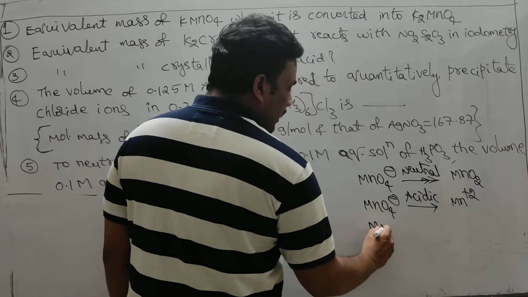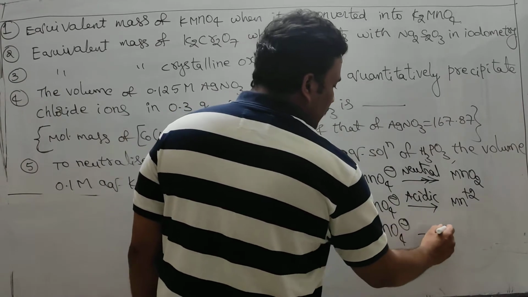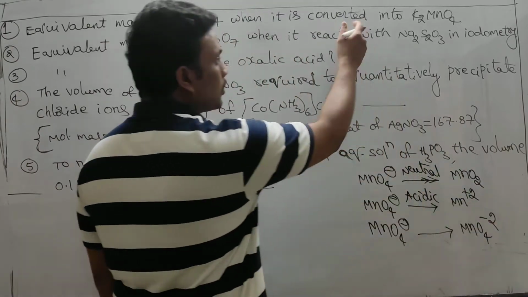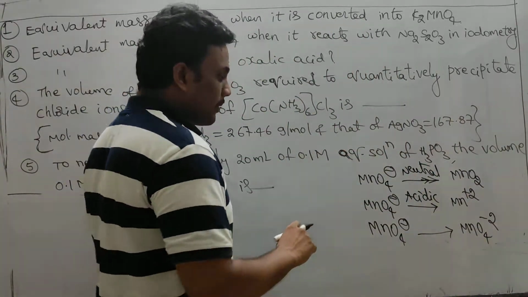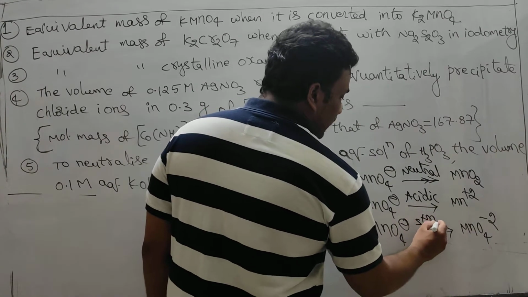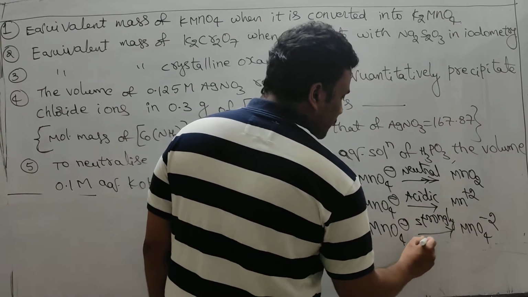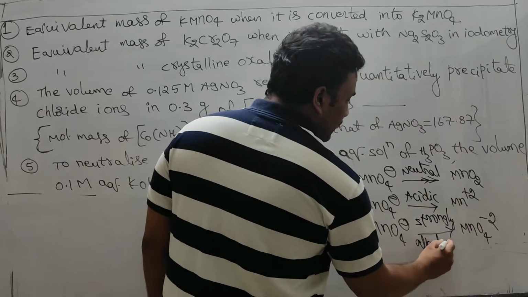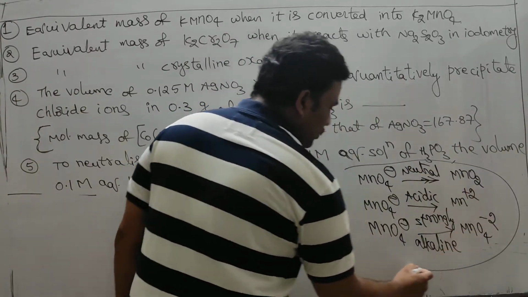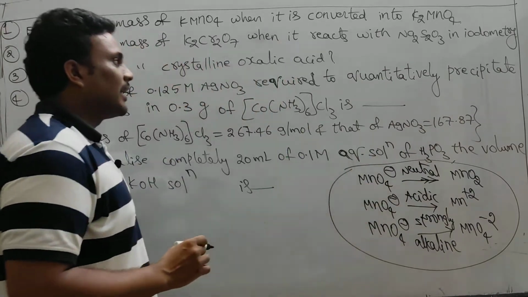In strongly alkaline medium, MnO4 minus is converted into MnO4 2 minus. This is actually our first question: potassium permanganate converted into manganate in strongly alkaline medium.